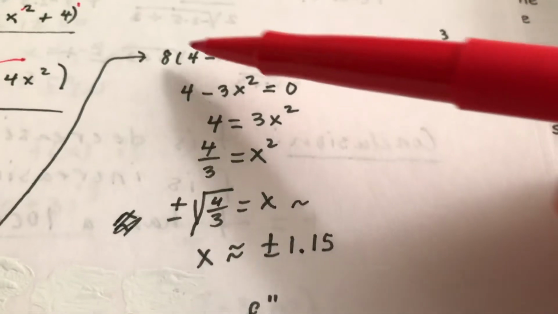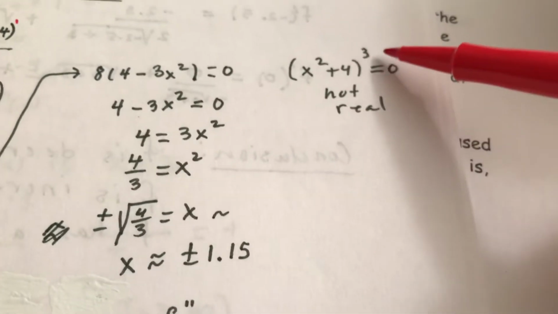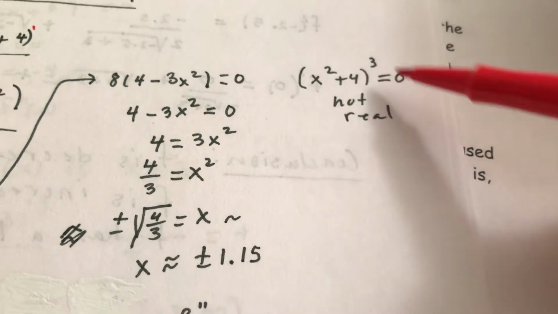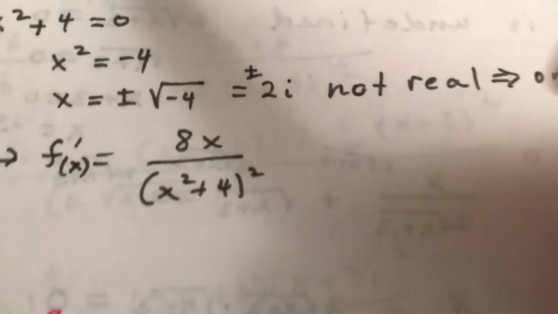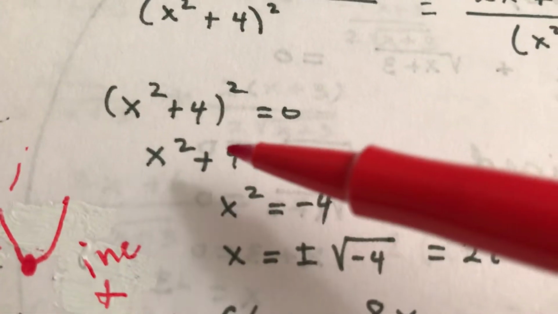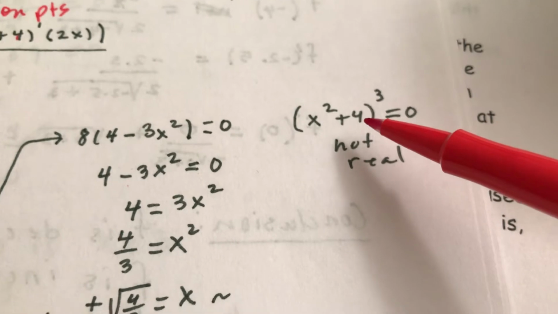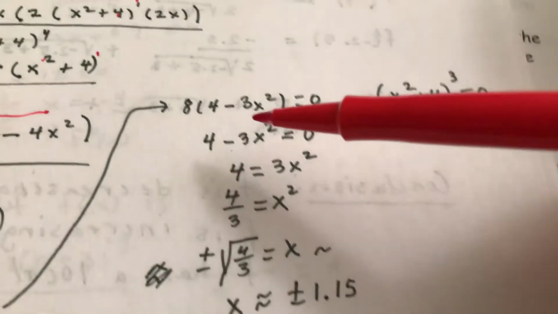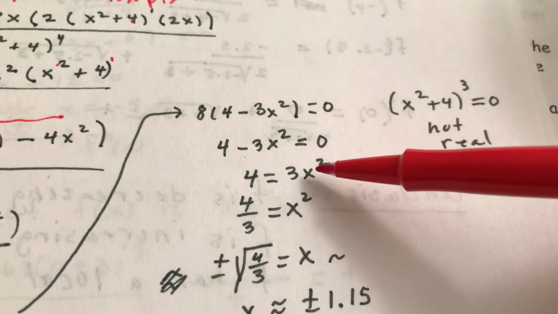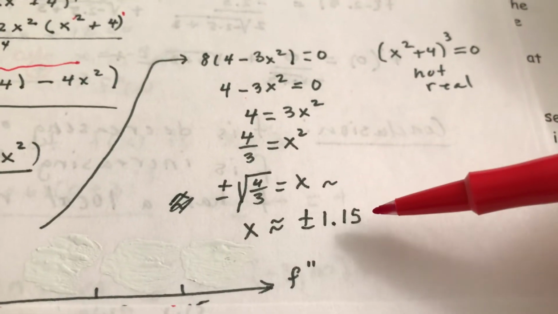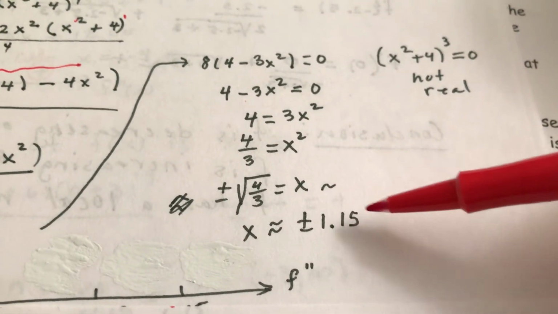If I set the bottom equal to 0, you're going to get a non-real answer, which is something we got up here, because x squared plus 4 set to 0 is not real. And this one I'll just set the 4 minus 3x squared equal to 0, bring over 3x squared, divide by 3, I get square root. It's about plus or minus 1.15.